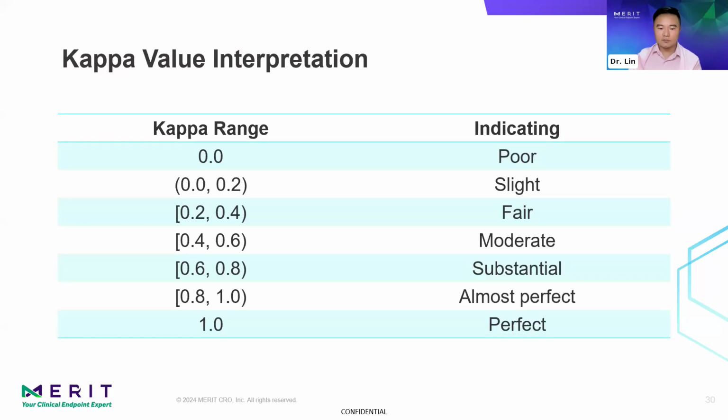The kappa values range from 0 to 1, with 0 indicating no agreement beyond chance and 1 representing perfect agreement. So statistically, kappa values are typically divided into these categories: poor, slight, fair, moderate, substantial, almost perfect, and perfect.